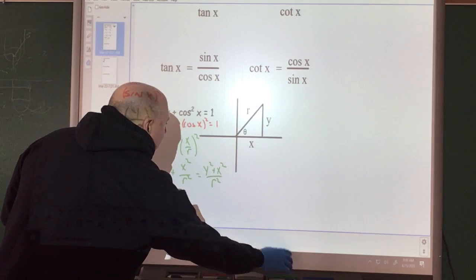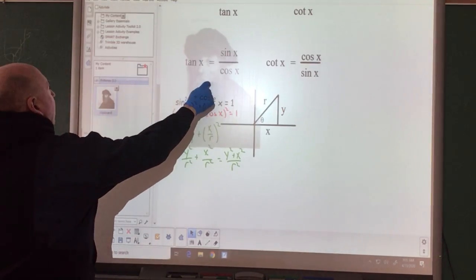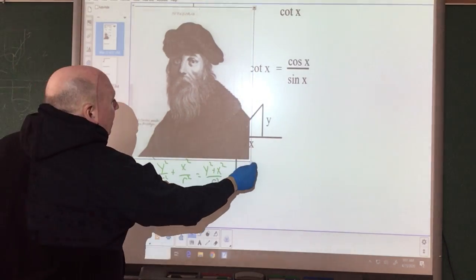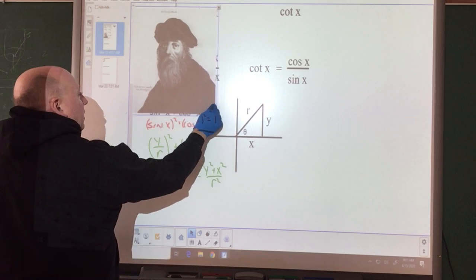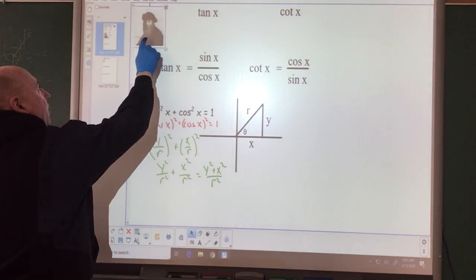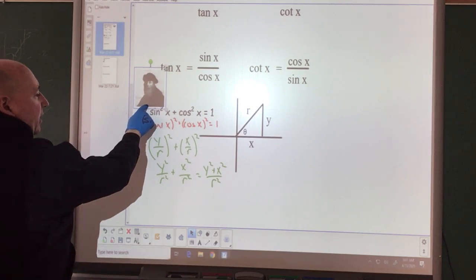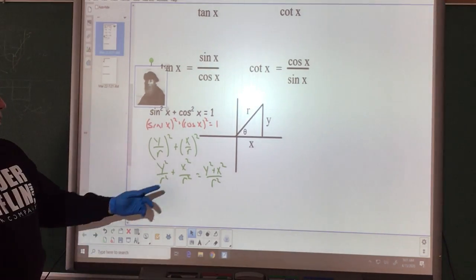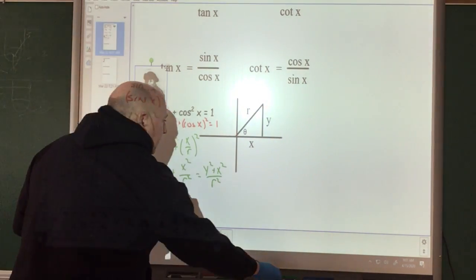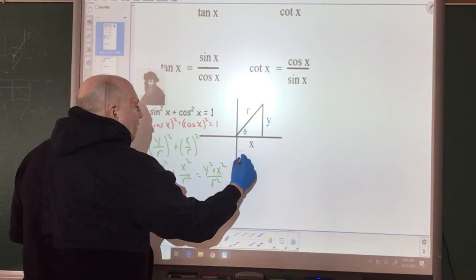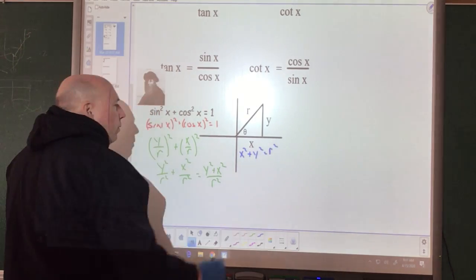Now, if we take a look at our triangle here, we pull out our good old buddy Pythagoras. Pythagoras says x squared plus y squared is going to equal r squared.